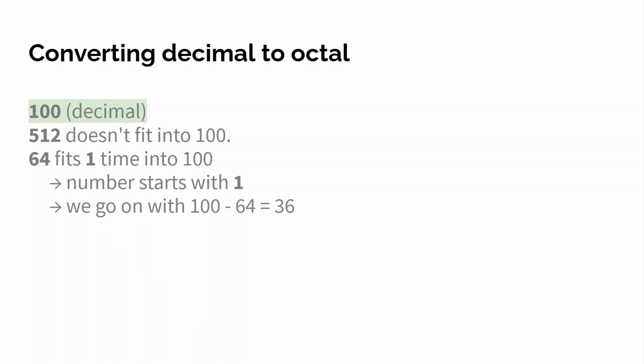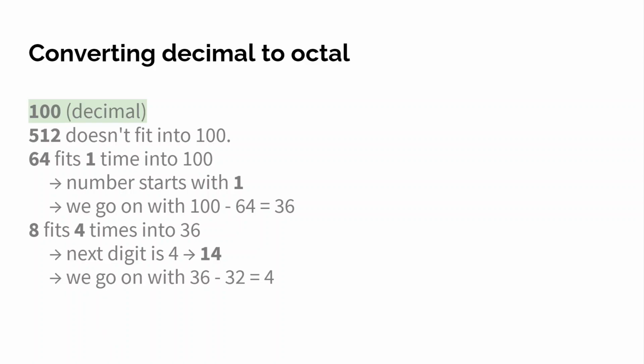We now go on with the 36. Why? Because our number is 100. We already kind of used up 64 of it, because we have a 1 on the 64 digit. So we are left with 36. 8 fits 4 times into 36. So we know our next digit must be a 4. So our number starts with 1, 4.